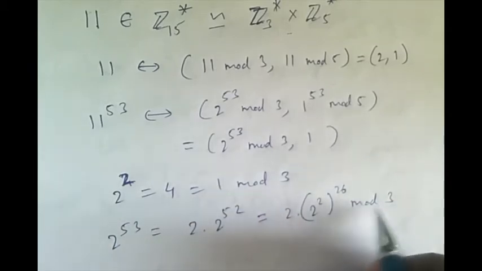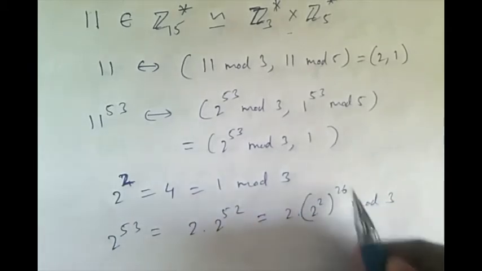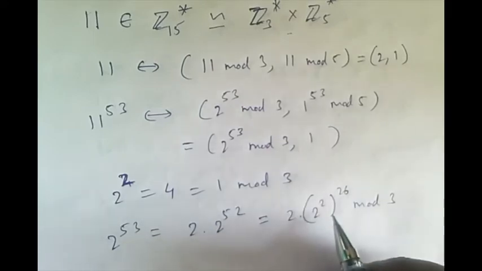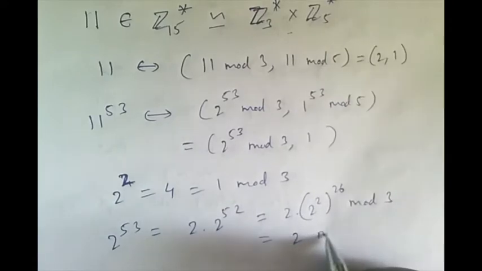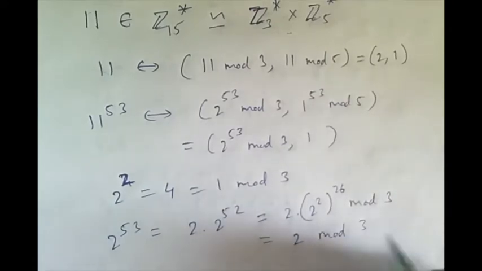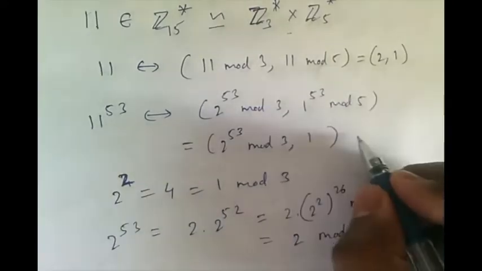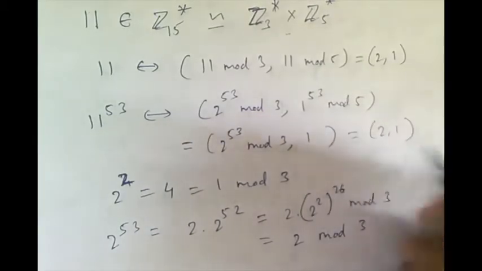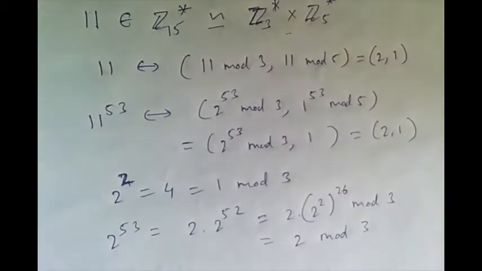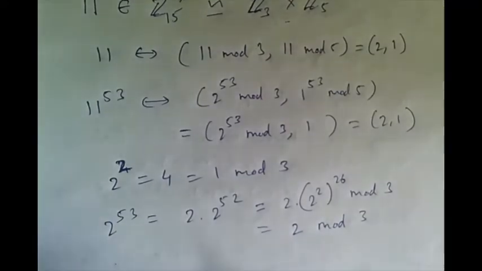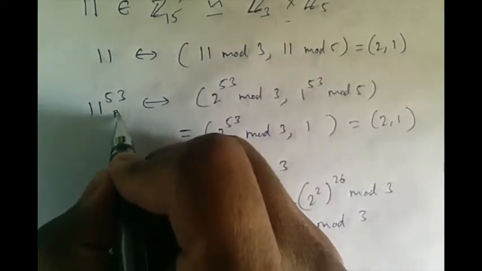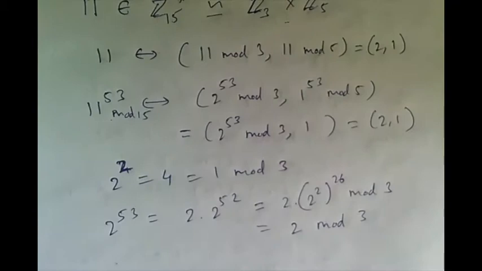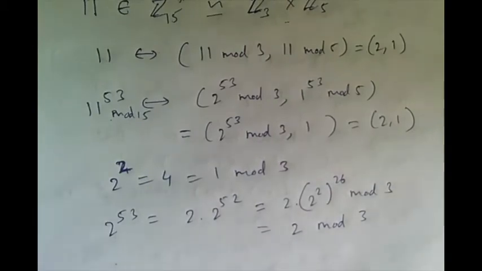And here 2 squared mod 3 is 1. So this becomes 1 raised to 26 mod 3. So that disappears, and you just get 2 mod 3. Which means this is 2, 1. Okay. So 11 raised to 53 mod 15 is isomorphic to this element, 2 comma 1.